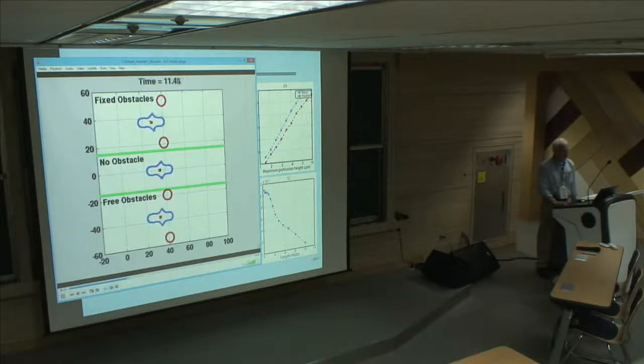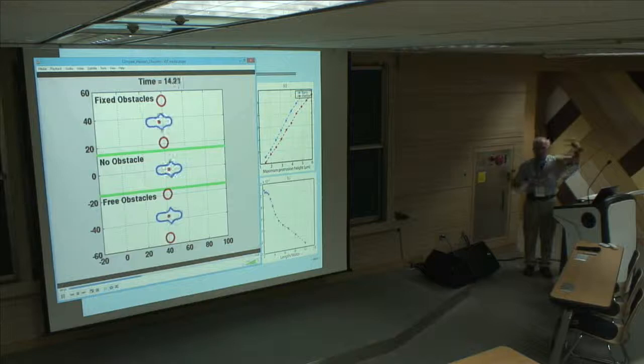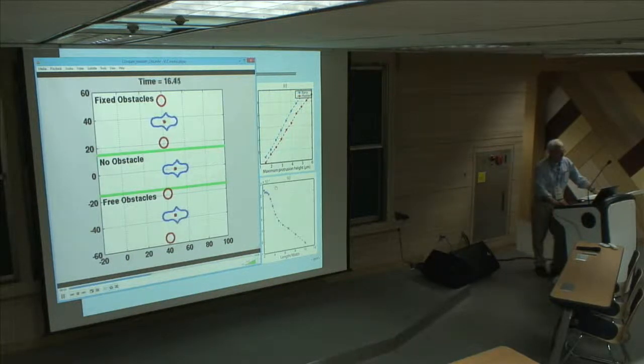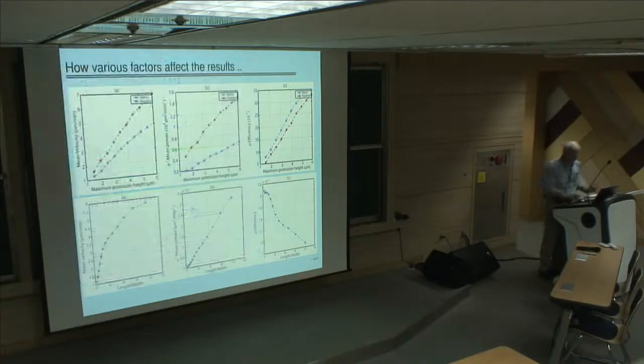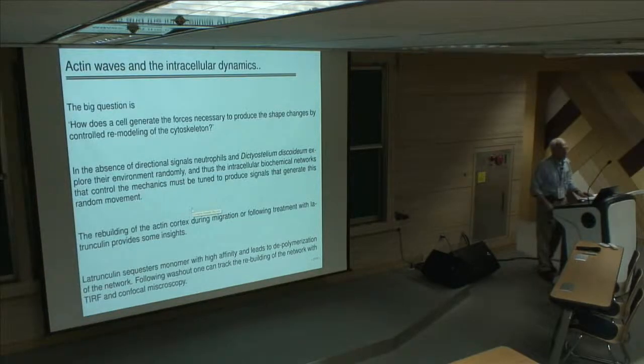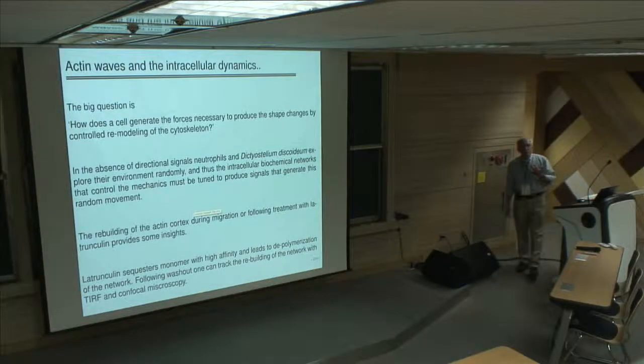It slows it down somewhat. But if you make the obstacles free, in other words, if the fluid motion can simply push the obstacles aside, then it has very little impact on the motion. You see, this one is almost as efficient as that one. Okay, so that's the exterior problem.